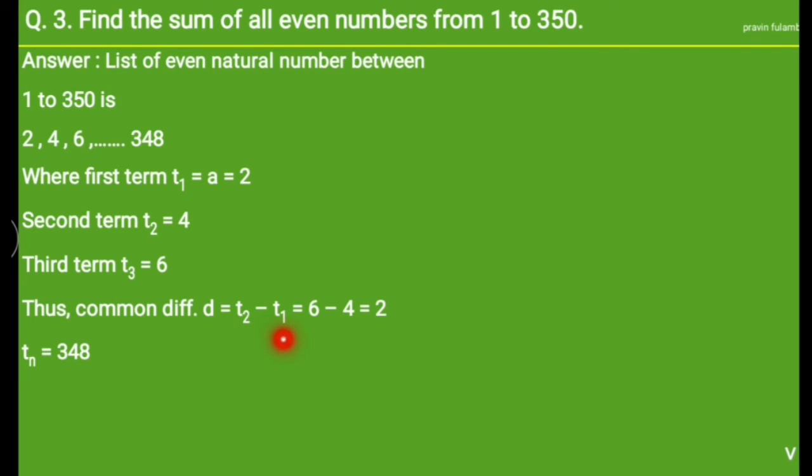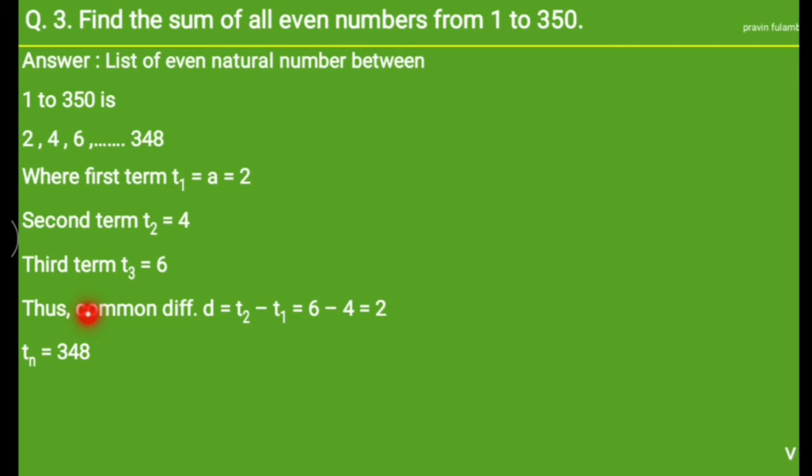So you can take any value, you get the common difference same, because these numbers are in arithmetic progression. So we get here d equals 2, tn equals 348, because this is last term of this arithmetic progression.